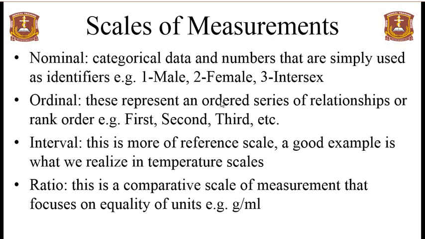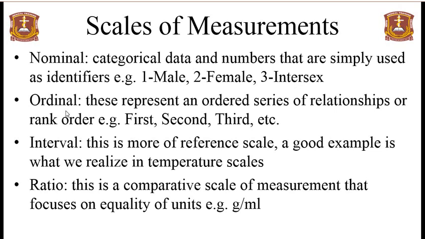Now, we have scales of measurements that are involved in biostatistics. We have nominal scales, that is where categorical data has been categorized, and numbers have been used as identifiers. Okay, like 1 can be representing male, 2 for female, so you only use the values, and then the one who is trying to make conclusions can use those values to know what they stand for.